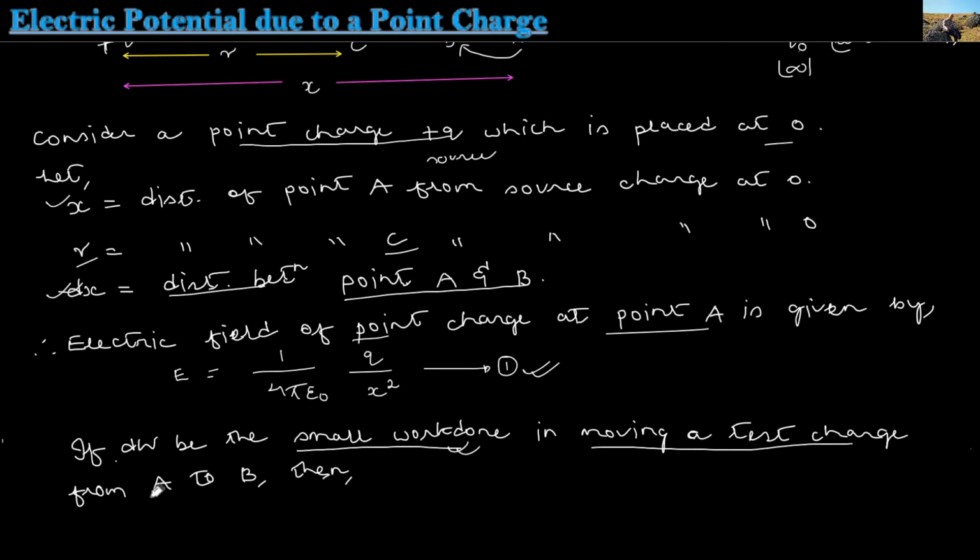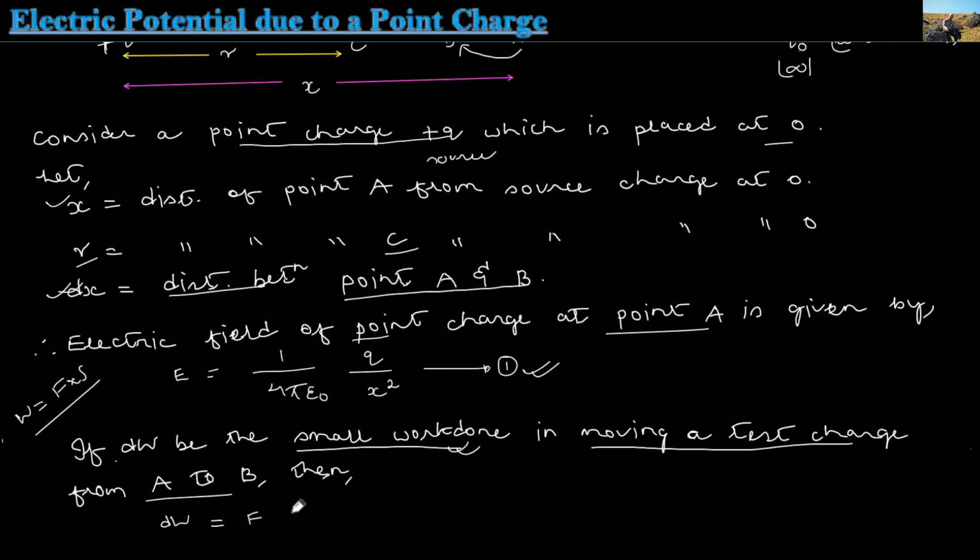You have to know what the formula is. We know that work done is force into displacement. Or in this case, if dW is that small work, then it is F.